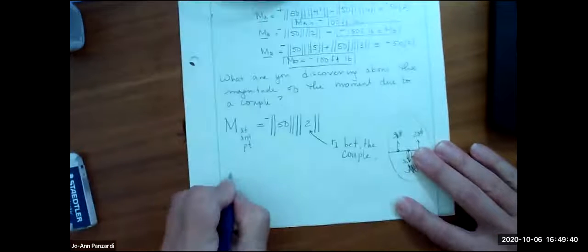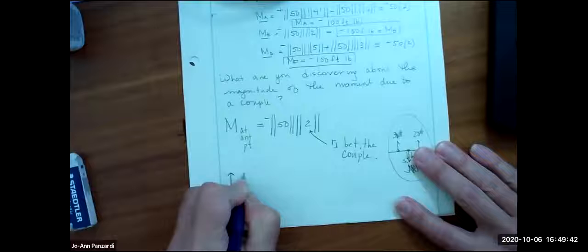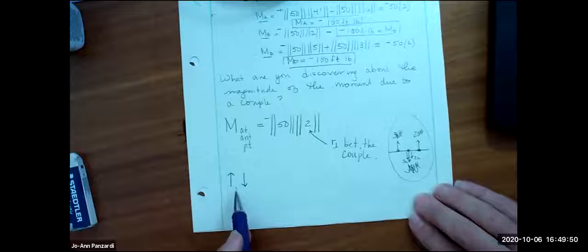So let me give you some examples. Everybody can see my paper. Let's say I have a couple like this, which is what we just had. Does that lead to a positive or a negative moment?